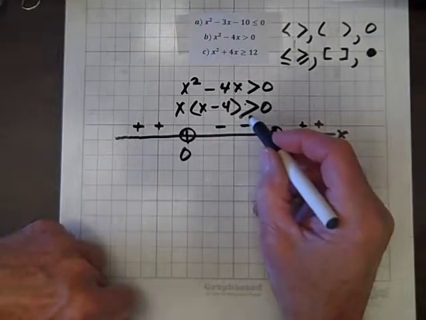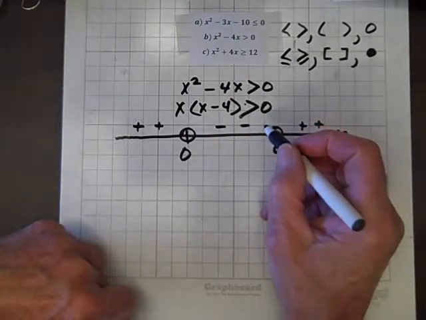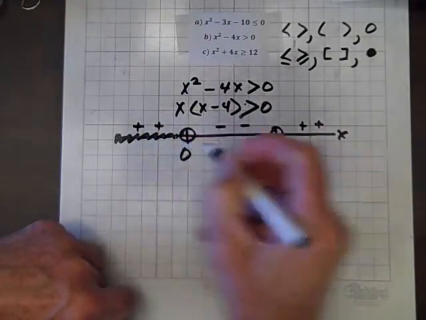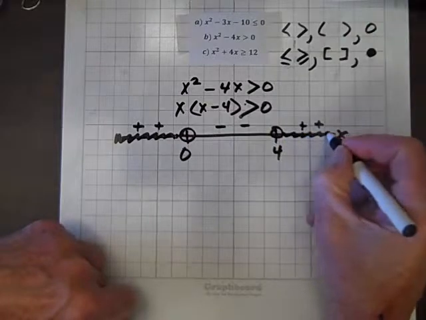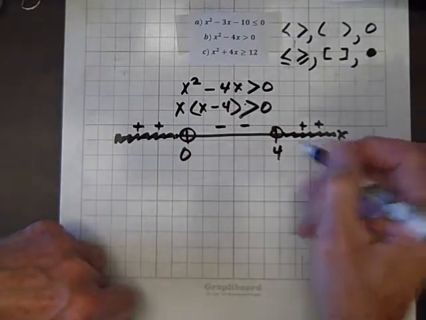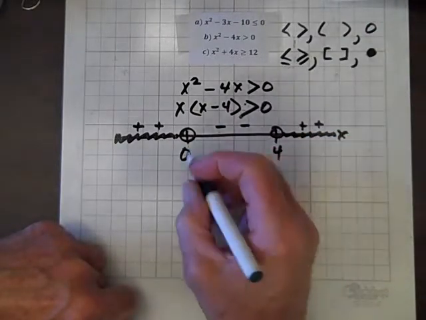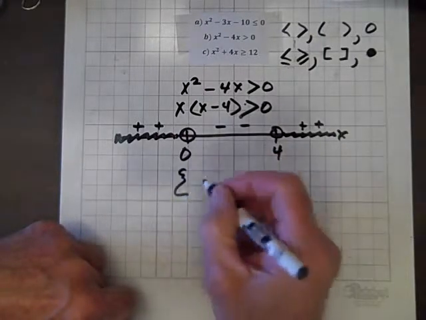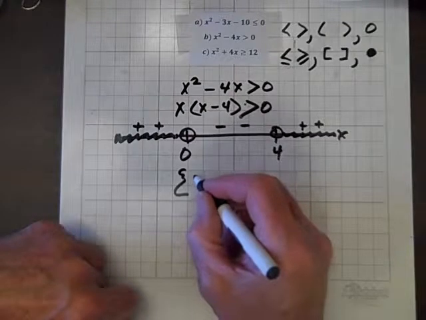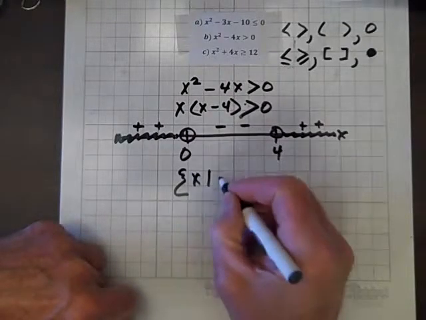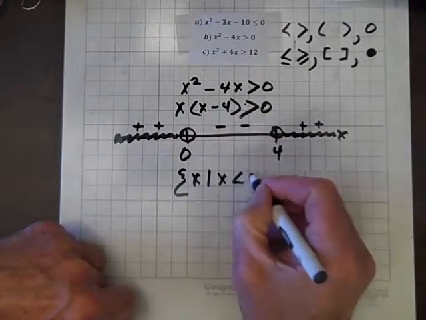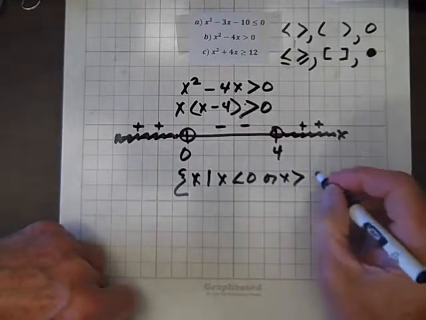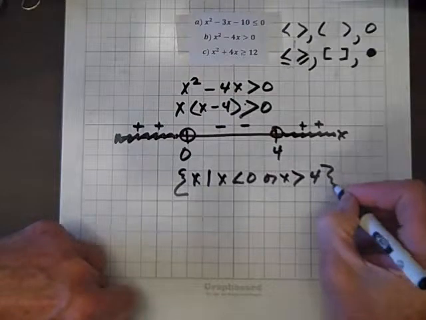Now, the inequality is greater than 0, so we have to shade the intervals associated with the positives. And now we're ready to state the solution. In set builder notation, we have the set x such that x is less than 0 or x is greater than 4.